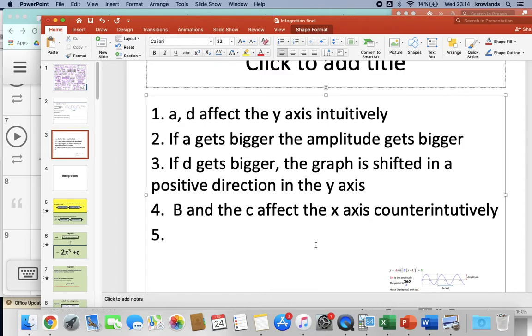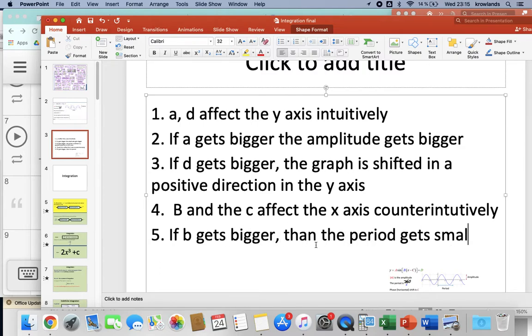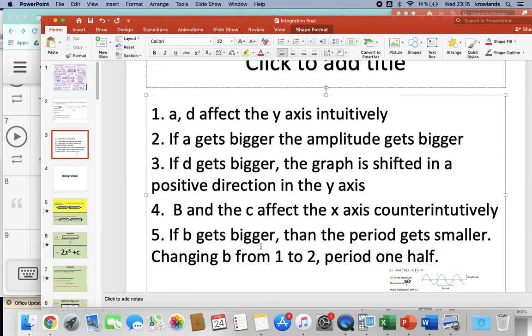So if B gets bigger, then the period gets smaller. If we change B from 1 to 2, you're going to make the period smaller by 1/2. The reason why is because you take the 2 and you do 1 divided by 2.